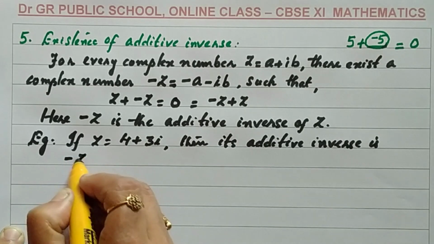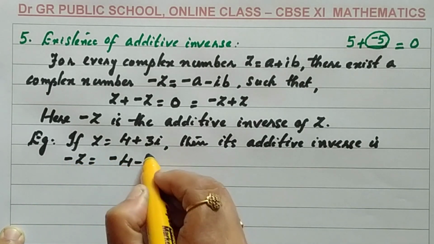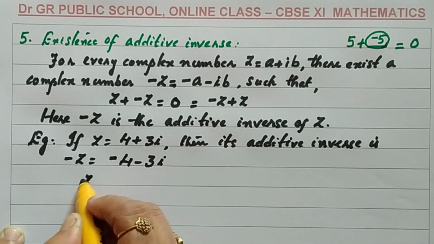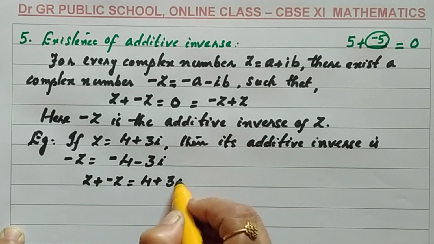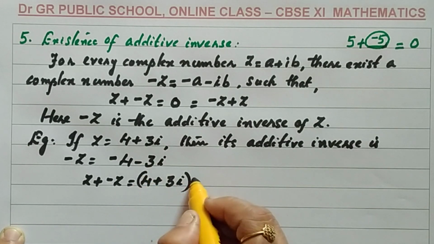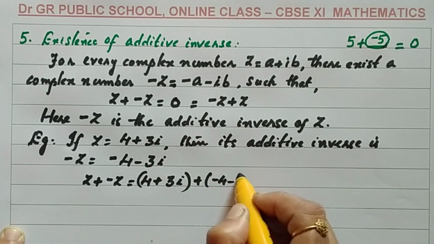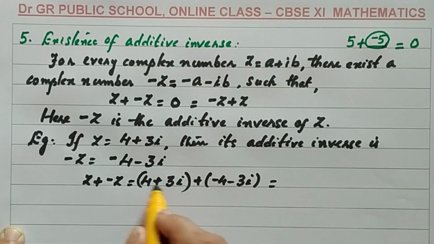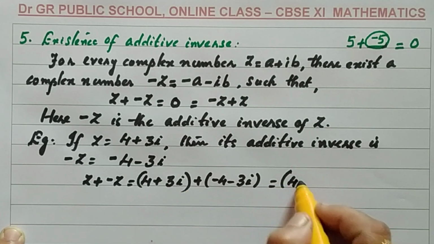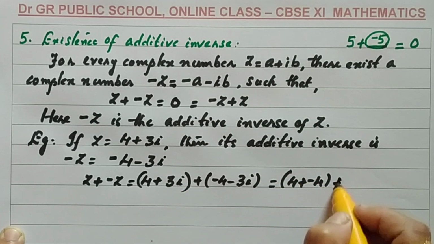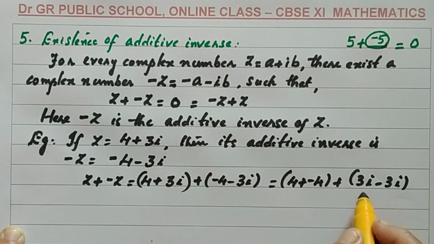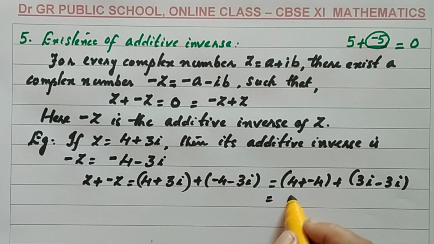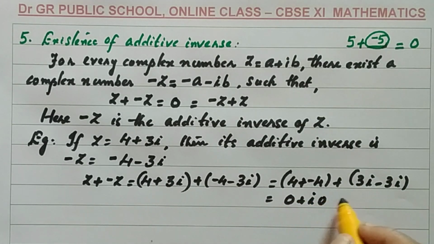Minus z equals minus 4 minus 3i. Why? We can check: z plus minus z equals 4 plus 3i added to minus 4 minus 3i. Adding the real parts, you get 4 plus minus 4 in one bracket, plus 3i plus minus 3i in the other bracket. If you want, you can take the i common outside. Here 0 plus i 0, which is the additive identity.